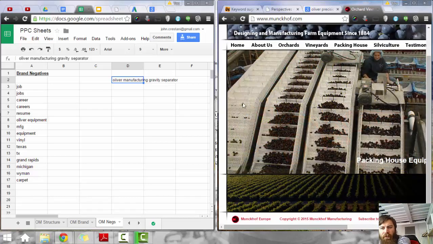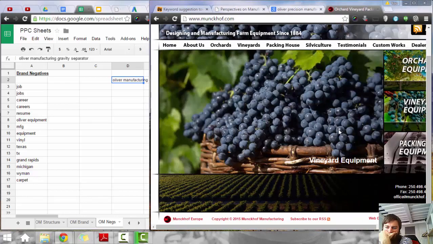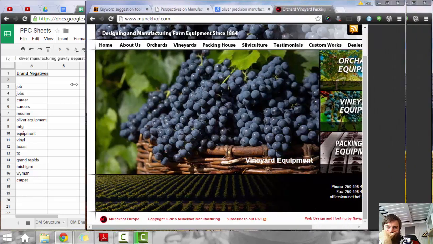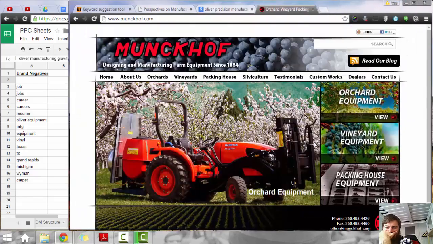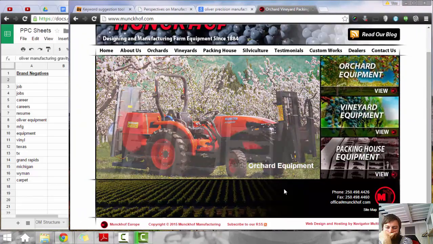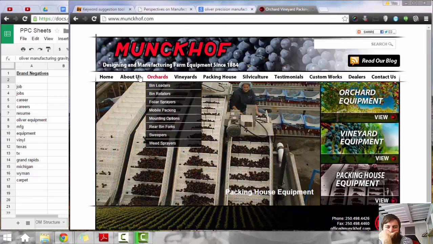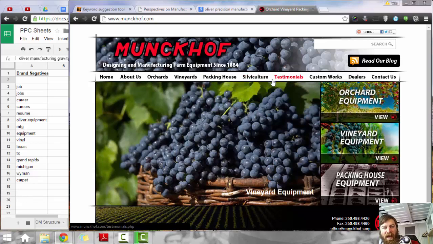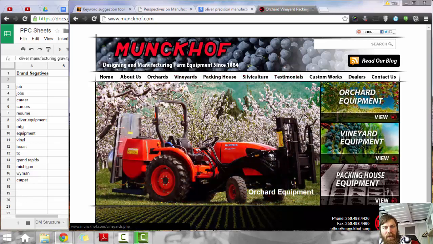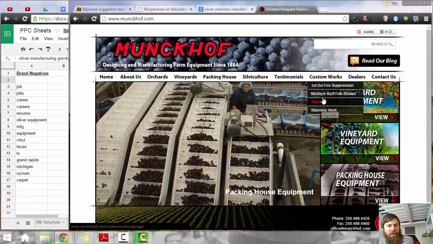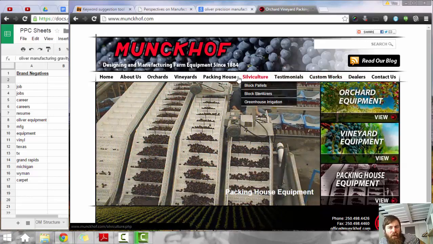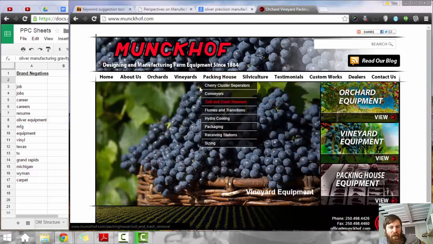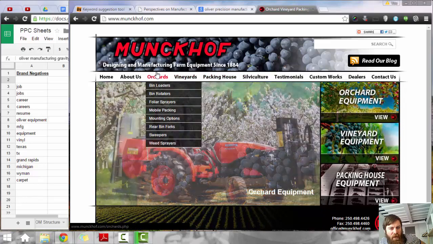They do farm equipment, house equipment. It looks like they almost work in the same industries as Oliver Manufacturing, with some of these conveyors and hydrocoolers and stuff like that.